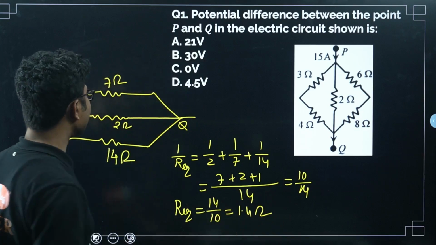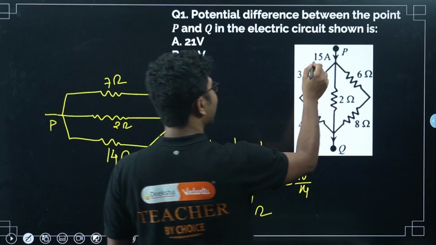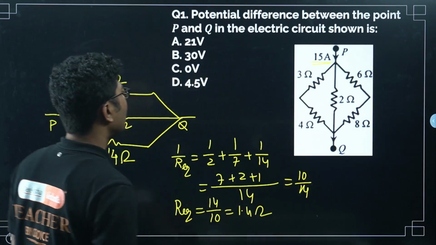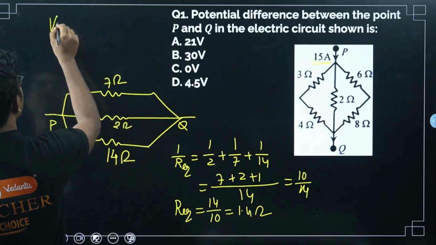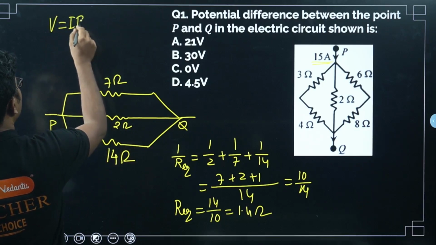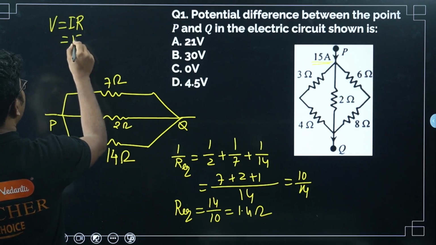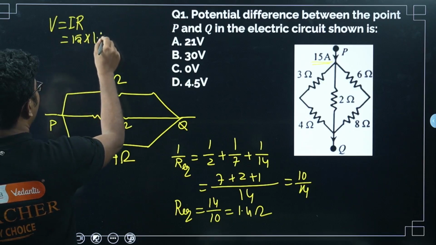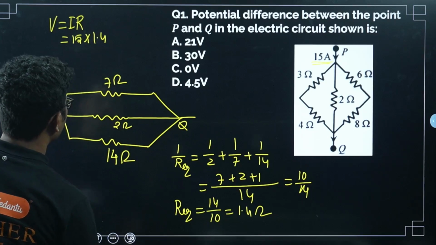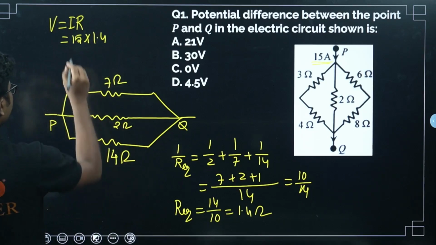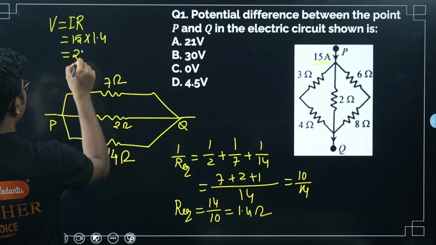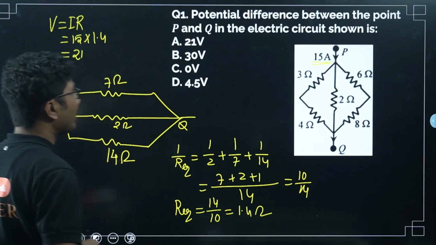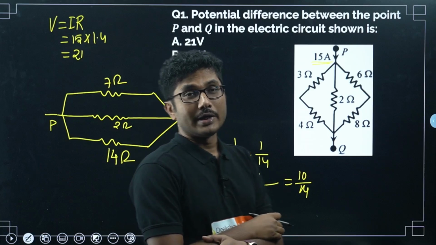So the equivalent resistance is 1.4 ohm, and the current is given as 15 amperes. So the voltage drop will be V equals IR, that is 15 times 1.4, which is about 21. Approximately, how can I say it is 21?